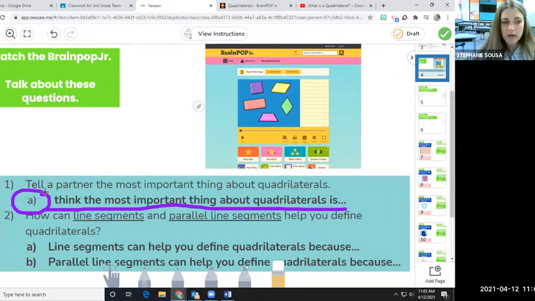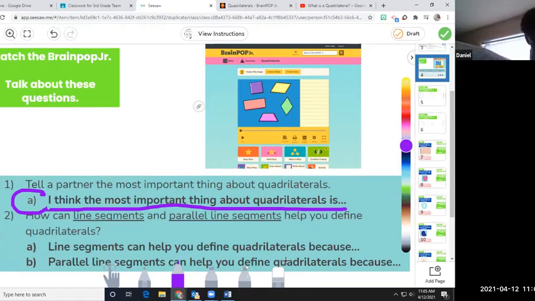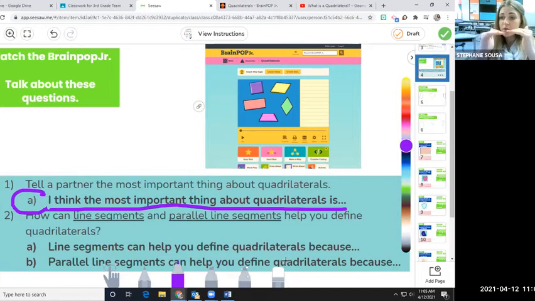What do you think is the most important part about a quadrilateral? You were saying something about line segments. What about them? I think the line segment is important because it's like a line and it goes all around the place. It's just a straight line. Excellent. So the line segments are going to be straight and they're going to go around the entire shape.